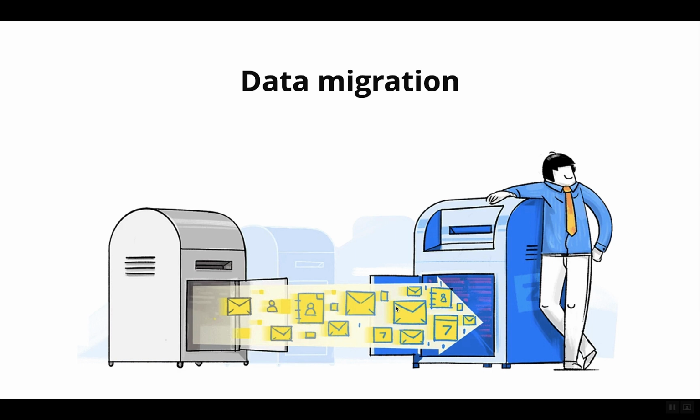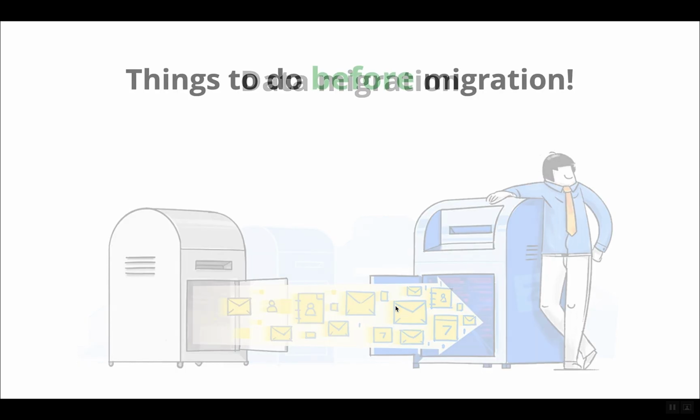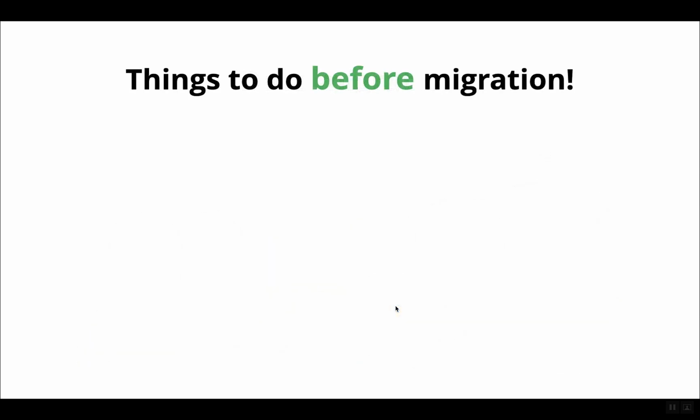So before we start off with the migration, there are a few practices you must follow. All the users for whom you would like to process migration should be created in Zoho Mail before the migration process.